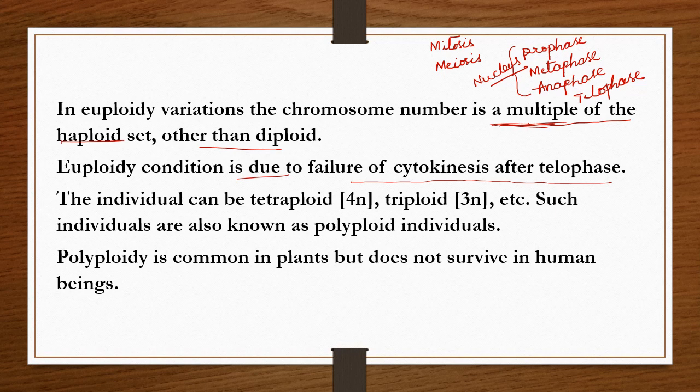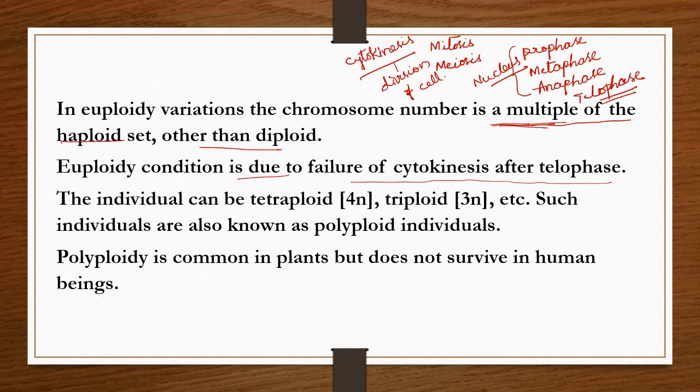After completion of this nuclear division, the cell divides into two, which we call cytokinesis. Cytokinesis occurs after completion of telophase. It is nothing but division of the cytoplasm, or division of the cell.